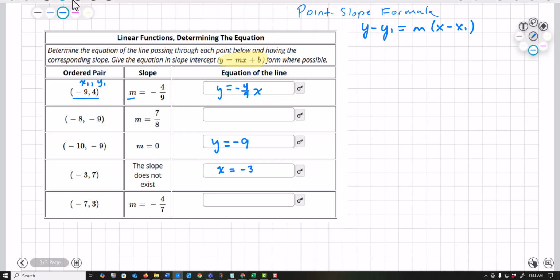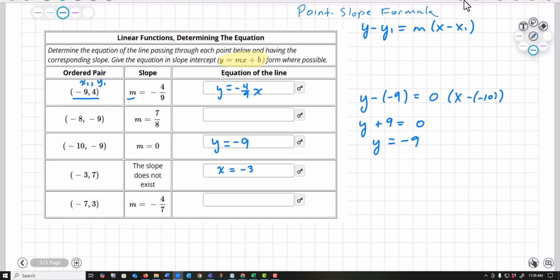If the slope is 0, and I could work this out, y minus y1, which is negative 9, equals 0 times x minus negative 10. Well, I can already see a negative and a negative is going to be a positive. 0 times anything is 0. Move that to the other side, and I get this value.